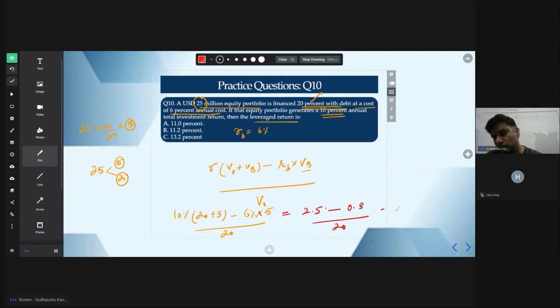So it becomes 2.2, and 2.2 divided by 20 gives me exactly 11%. By this method also I got the 11% answer. My answer is A. Ultimately, you have to solve the question in the exam, and the answer is A.